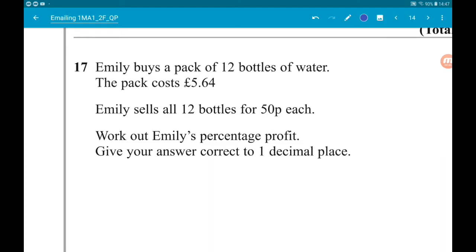So, let's work out how much she makes by selling the bottles. So, 12 times 50p is £6.